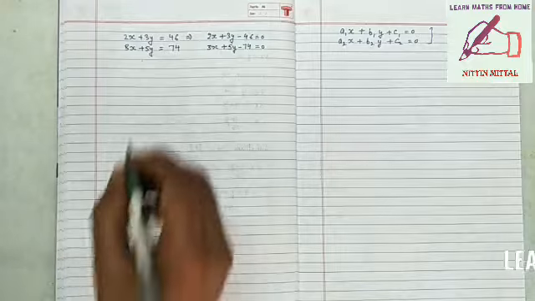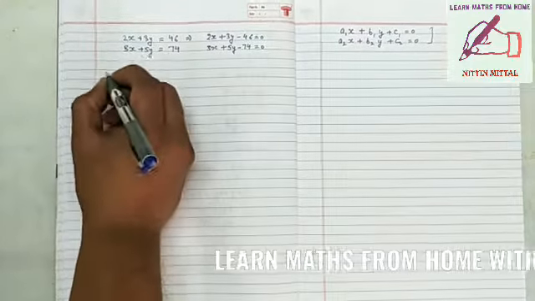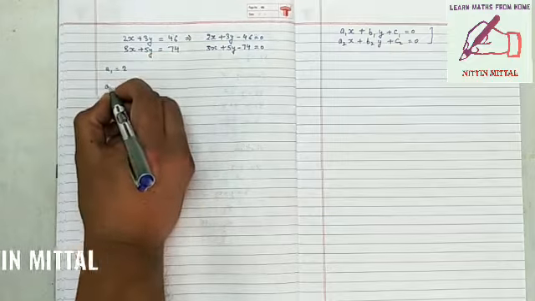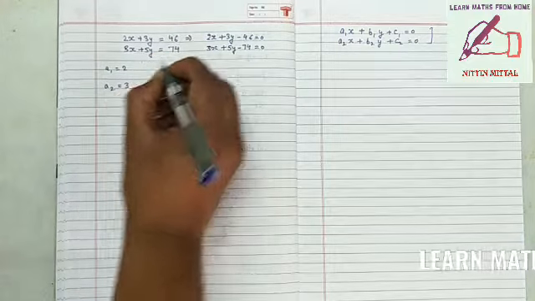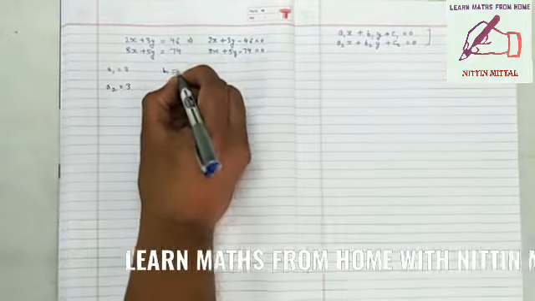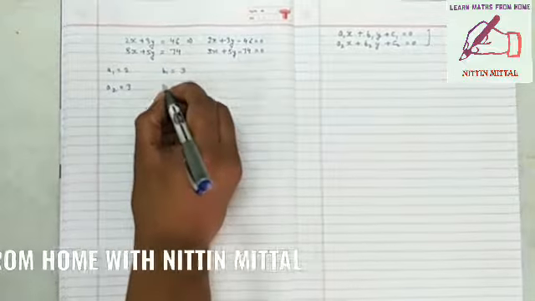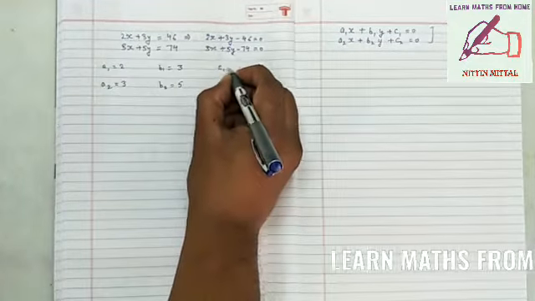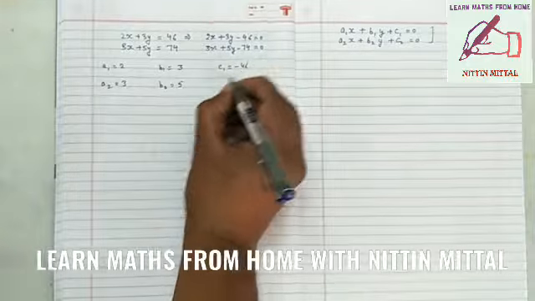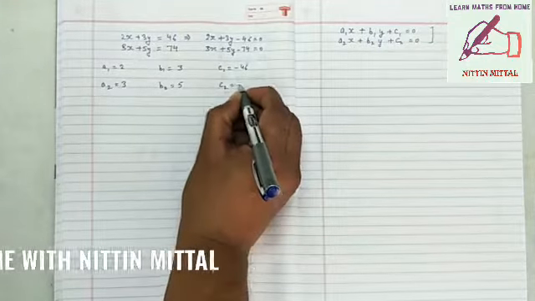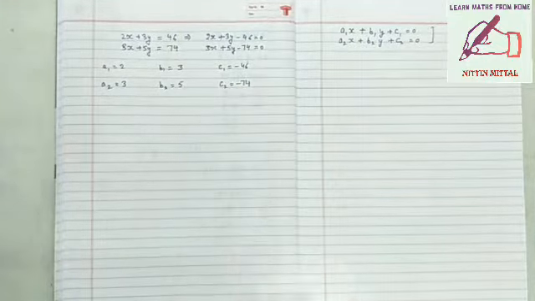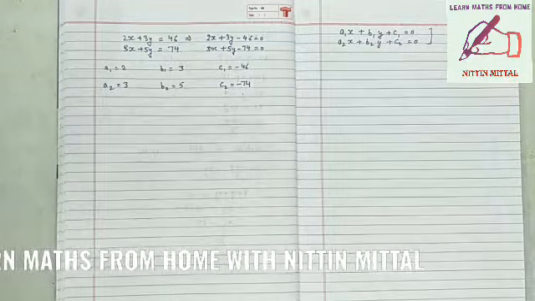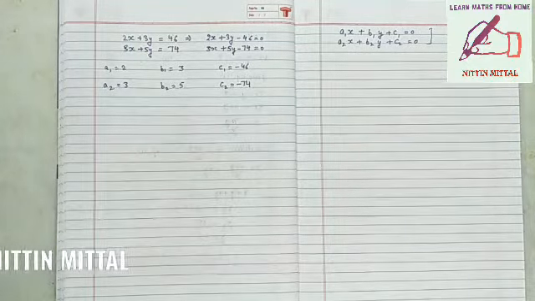So let me write all this: a1 is 2, a2 is 3, b1 is 3, b2 is 5, c1 is minus 46, c2 is minus 74, right? So we have written the coefficients by comparing the given pair of linear equations with the standard form.